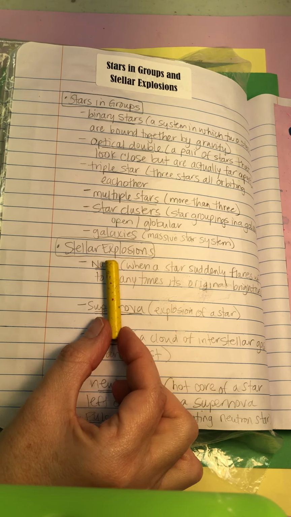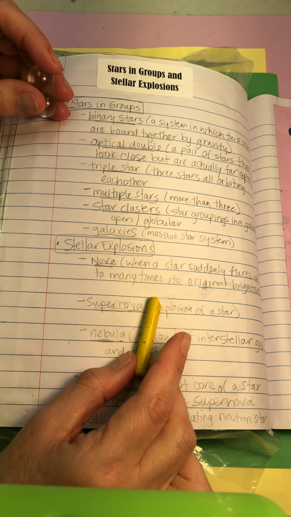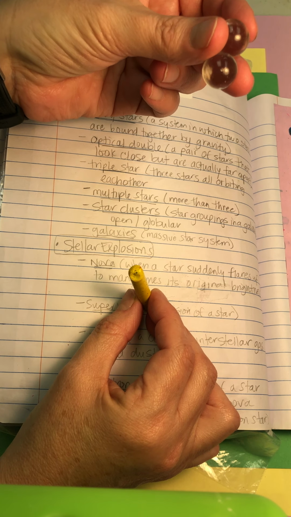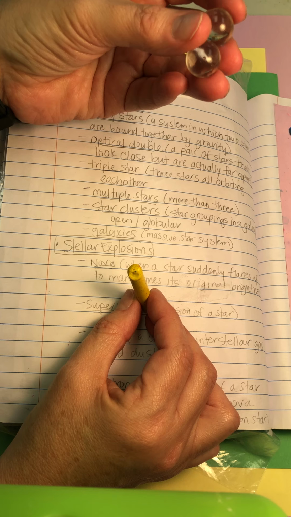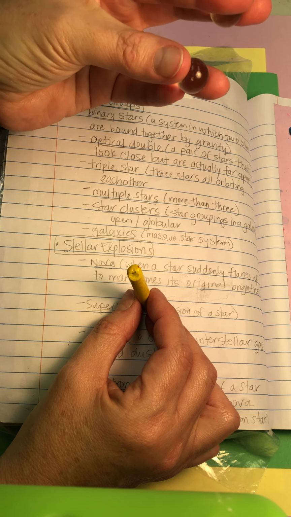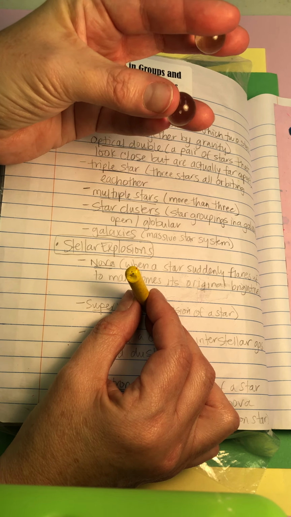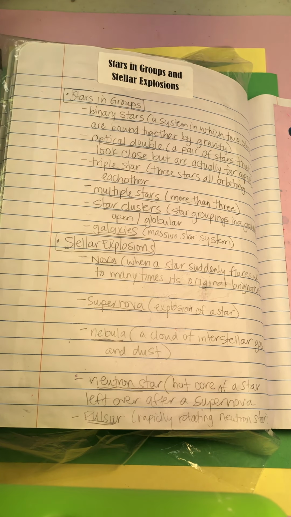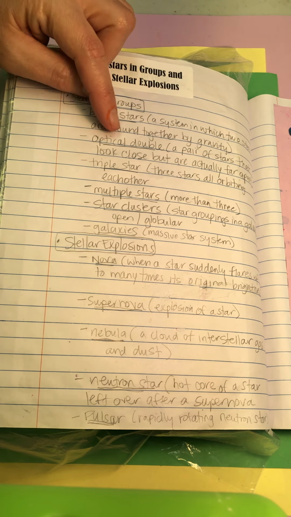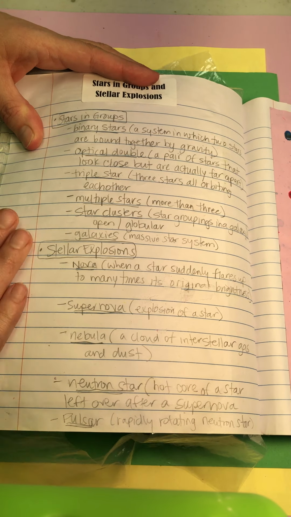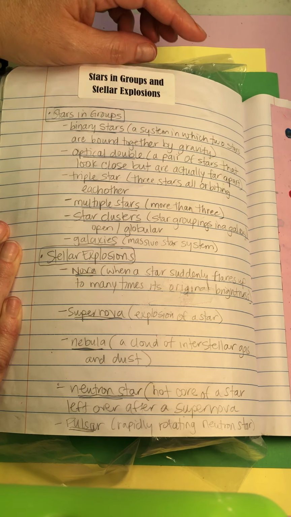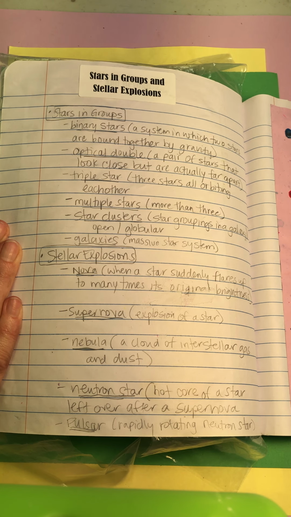So this is Miss Jody. Super cute, right? So from my perspective, looking up, these stars might look like they are near each other, but in reality, because of just the angles and stuff, they're actually very far apart. It's like an optical illusion. And so from my perspective, that would be called an optical double. A pair of stars that look close, but are actually far apart in reality up in space.